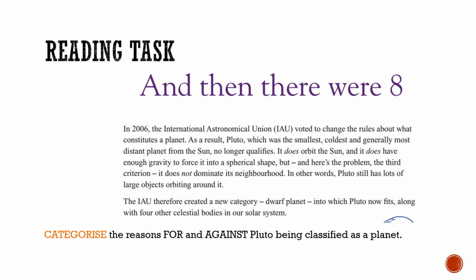It does orbit the Sun, and it does have enough gravity to force it into a spherical shape. But, and here's the problem, the third criterion, it does not dominate its neighbourhood. In other words, Pluto still has lots of large objects orbiting around it. The IAU therefore created a new category, dwarf planet, into which Pluto now fits, along with 4 other celestial bodies in our solar system. So I'd like you to create a for and against, just dot points is fine, of Pluto being classified as a planet. So just have a go at that. This is all about identifying important information in a text.